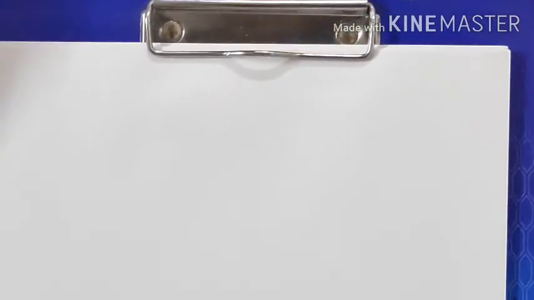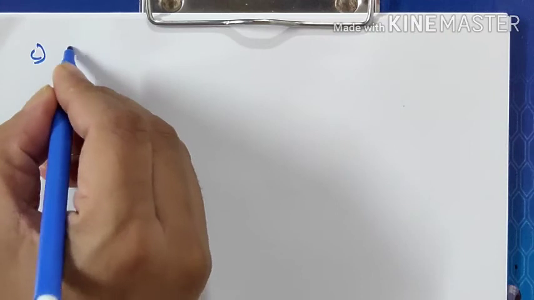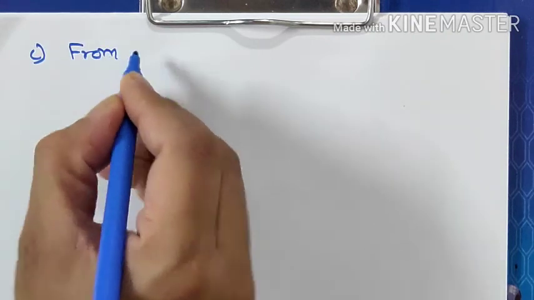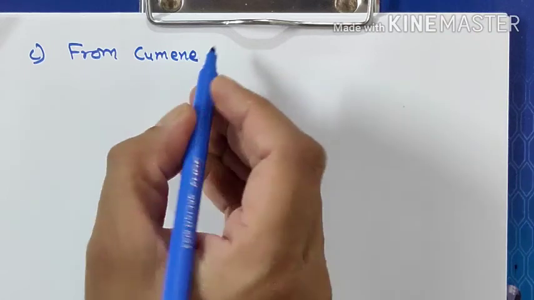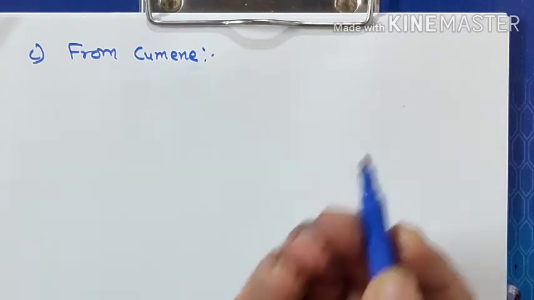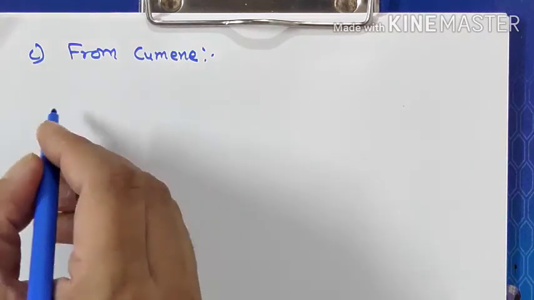Preparation from cumene. Now, what is cumene, student? Cumene is isopropyl benzene. Okay, let's see.